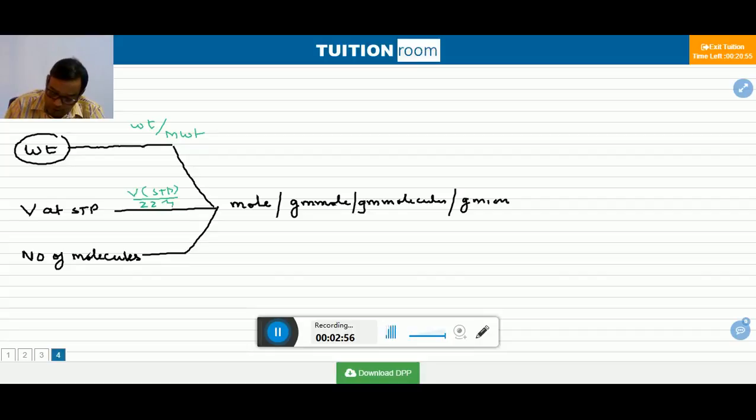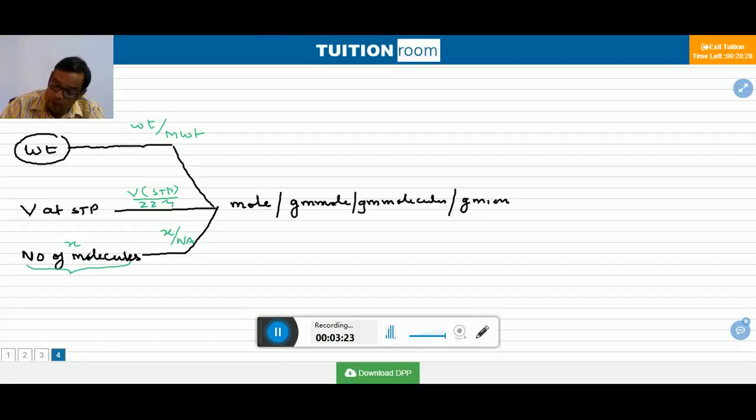If the number of molecules is given, suppose the number of molecules is X, then X divided by Avogadro number, you will get mole. Mole is similar to gram mole, which is similar to gram molecules, but in case of ion, the mole of any ion is also said to be gram ions.